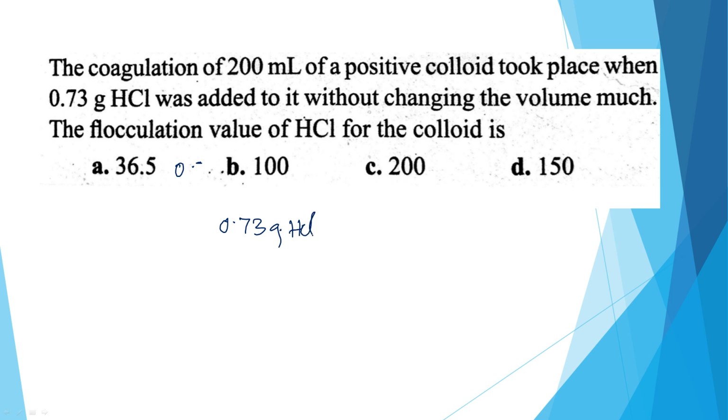The electrolyte is required to carry out the coagulation. This is for 200 ml of colloidal solution, and for 1 liter how much is required? You have to find out for 1 liter. That is 0.73 grams into 5.